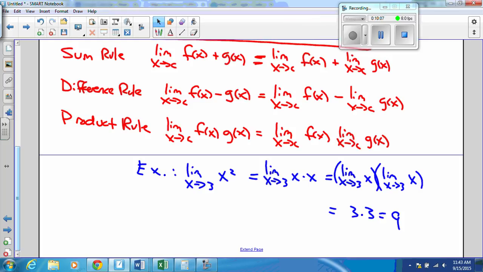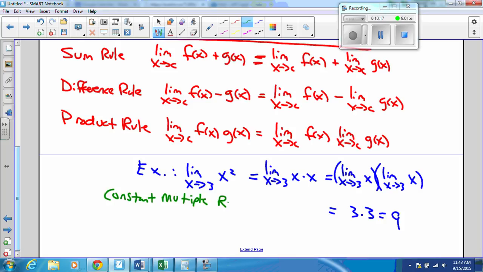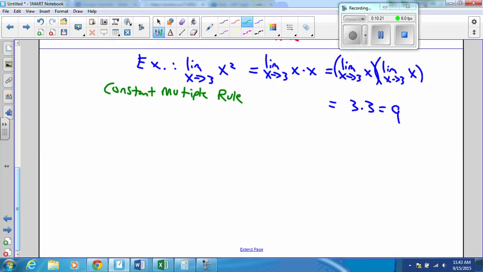There's a special case of the product rule called the constant multiple rule. And sometimes that's done as a separate rule. And it says this. If you have a constant times a function, then the limit of a constant times the function is simply the constant times the limit.